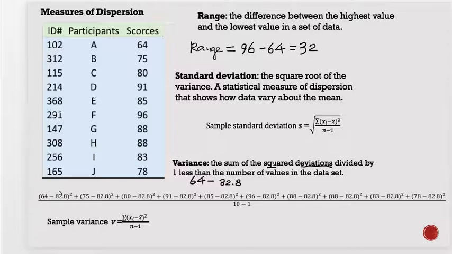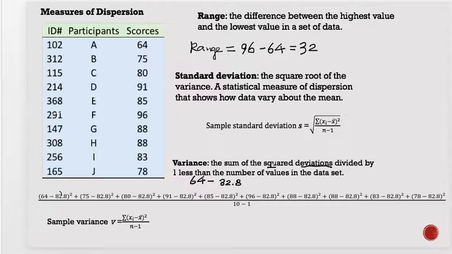For this data point, 64, this is the data point's deviation. Deviation describes how much this data point differs from the mean.